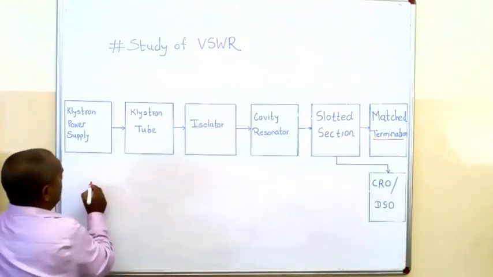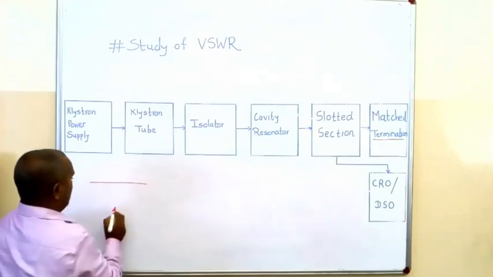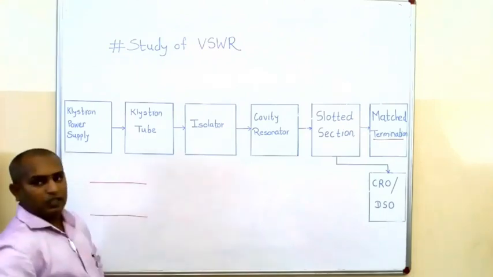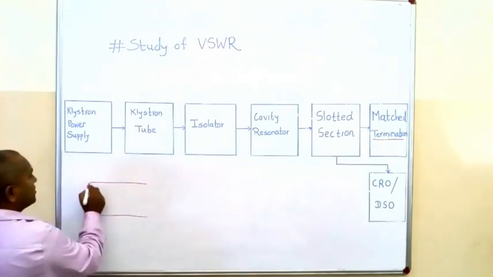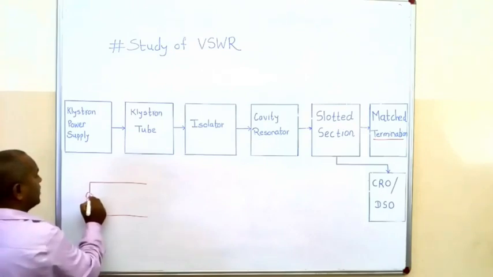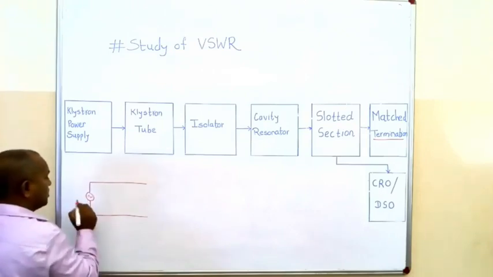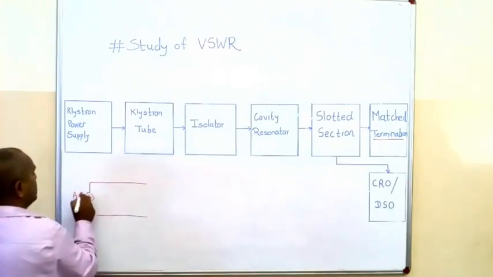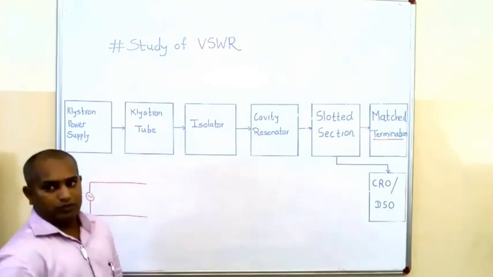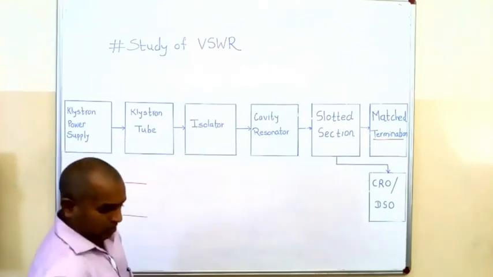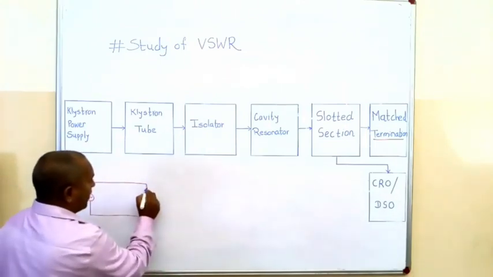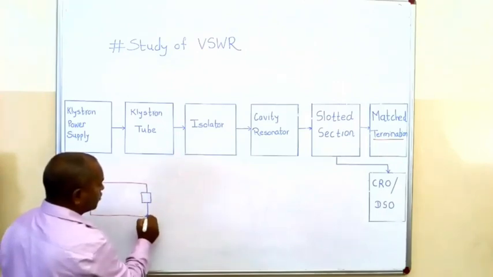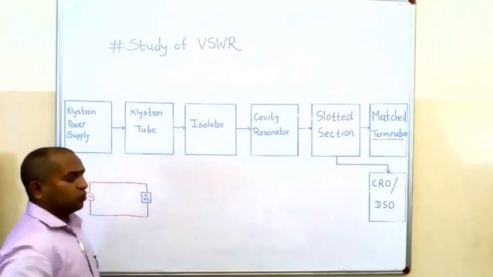This is your first line and this is your second line. Now apply some AC voltage to this waveguide. This is your AC input, and connect some load across the waveguide. Let us assume this is your load.